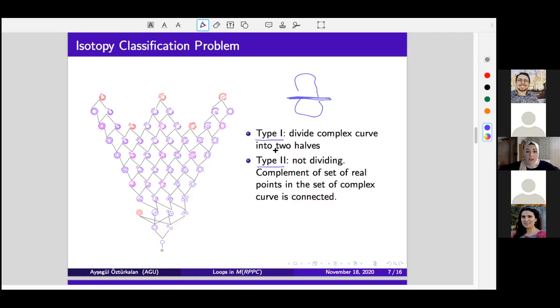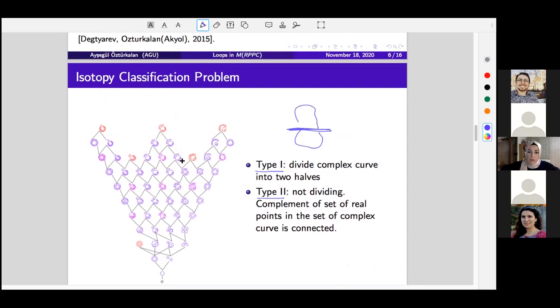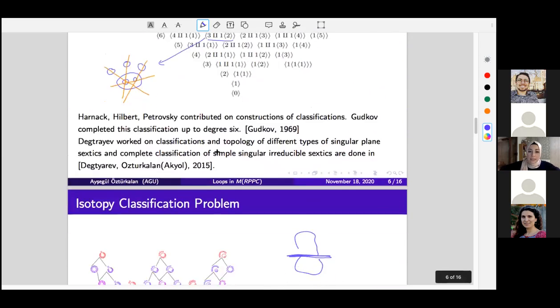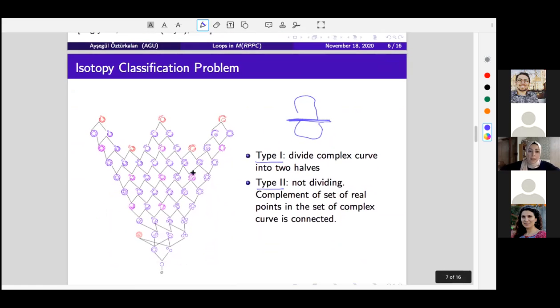Here, according to type 1 and type 2, this list is given. The blue ones are type 1 curves, and the red ones are type 2 forms. The purple one contains both type 1 and type 2.